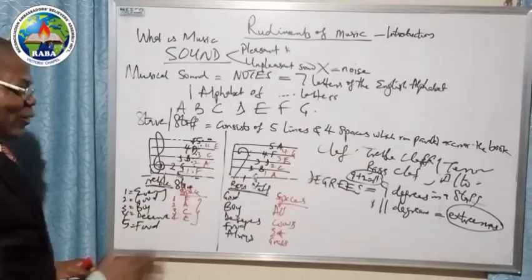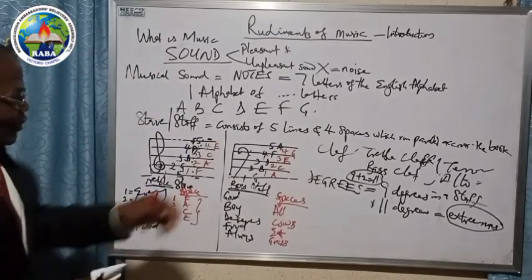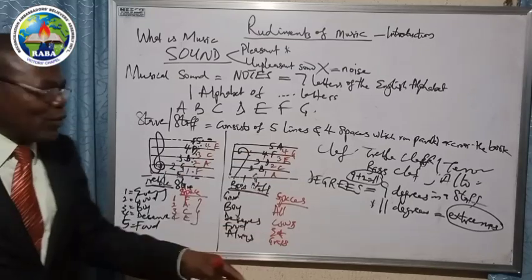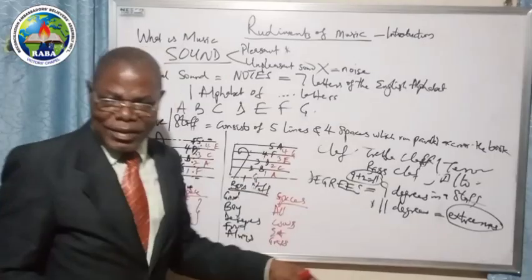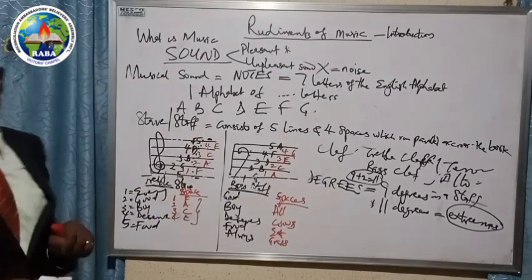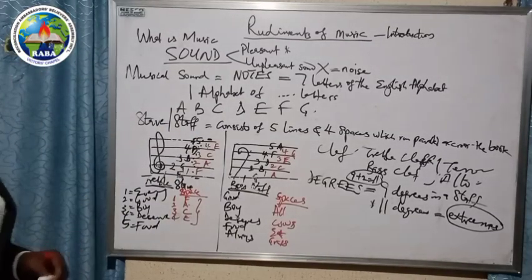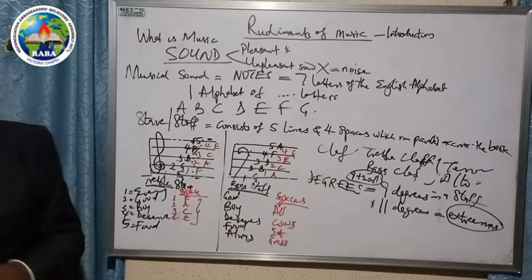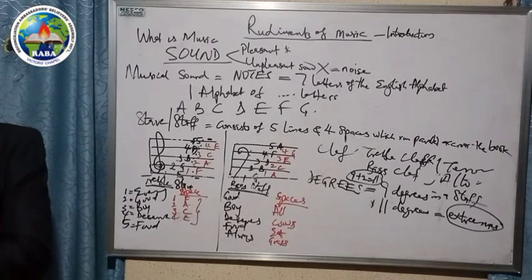That's why I introduced that one. But it's not strictly necessary for you to know the degrees. But it is strictly necessary for you to know the names of all the lines and spaces. And I know that God will give us wisdom to understand all these concepts in Jesus' mighty name.